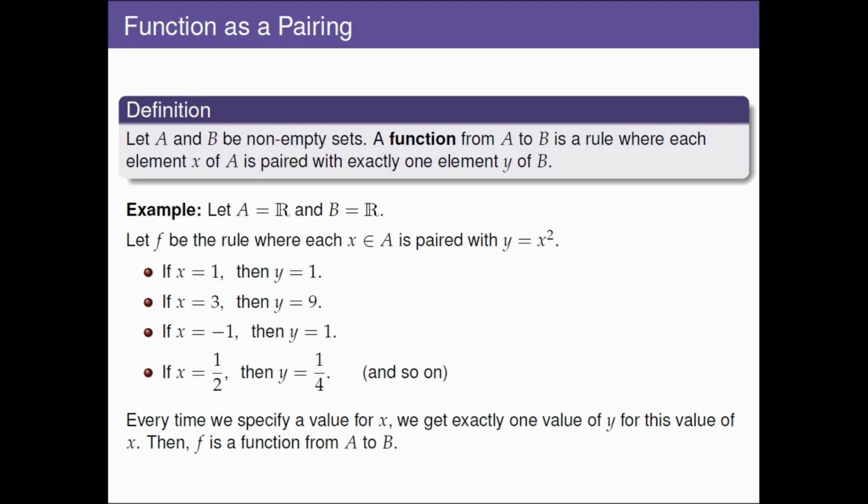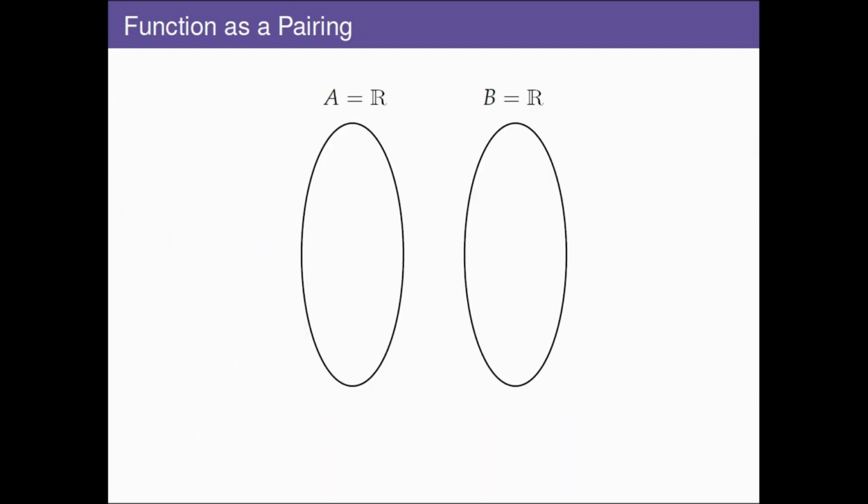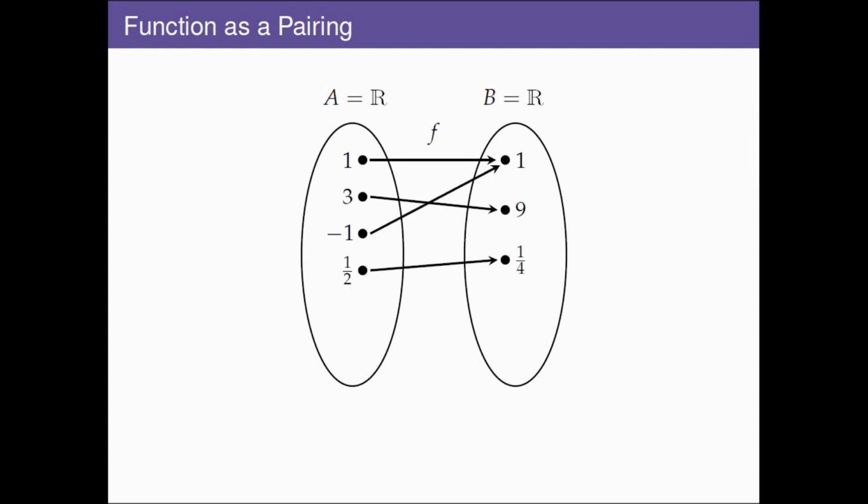To consider this function as a pairing, suppose this is the set A and this is the set B. Then f pairs 1 with 1, 3 with 9, negative 1 with 1, and 1/2 with 1/4, and so on.